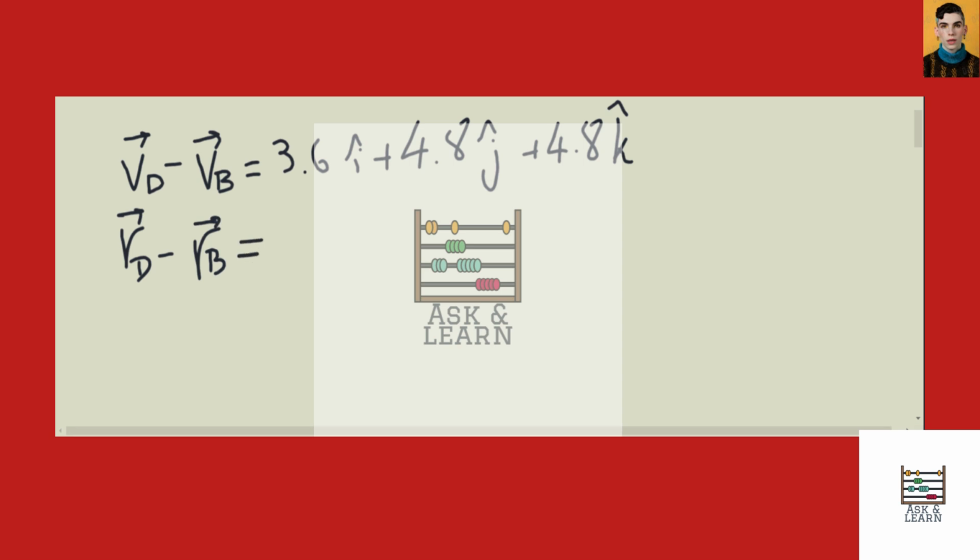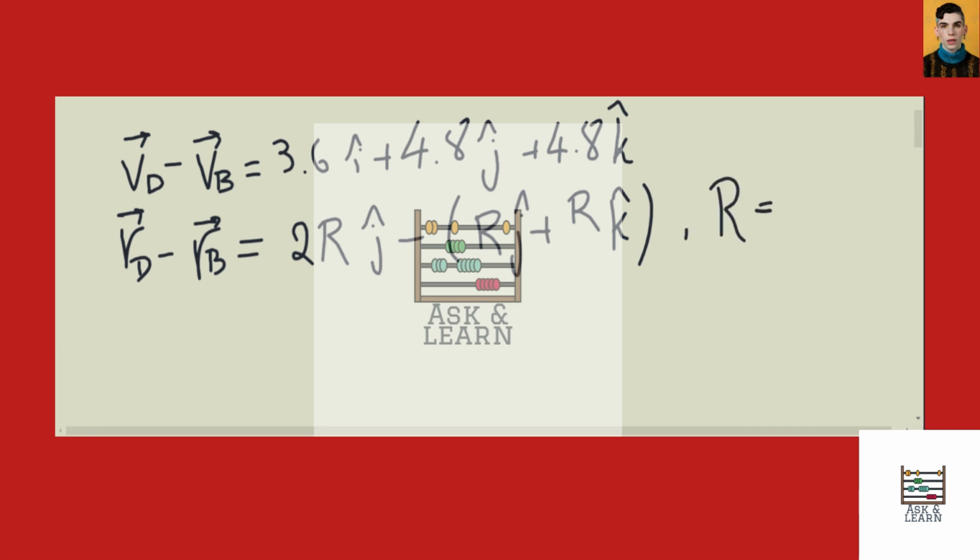If you check the drawing, you will see that the position vector of point D with respect to the origin is 2 times the radius of the bowling ball, j hat, minus r j hat plus r k hat, again, all this from the drawing.